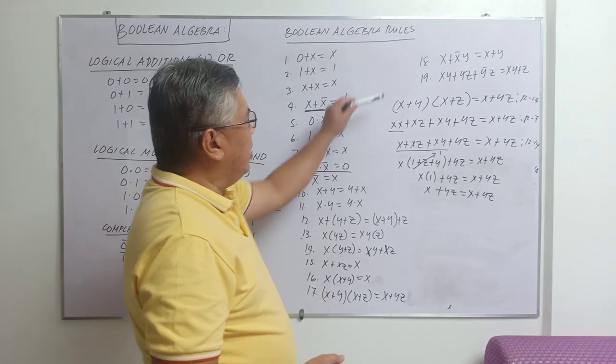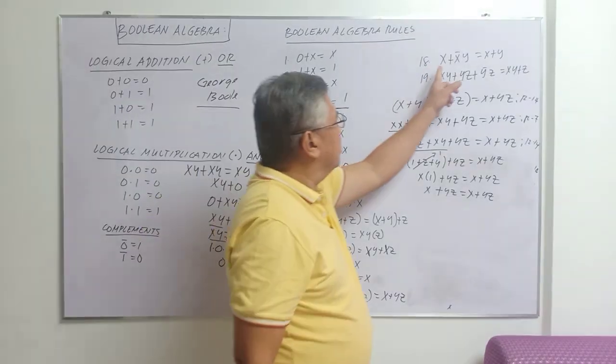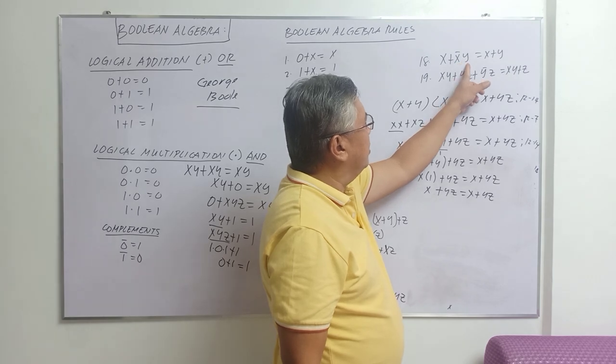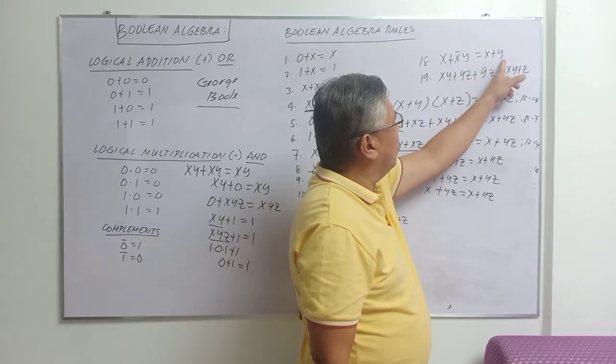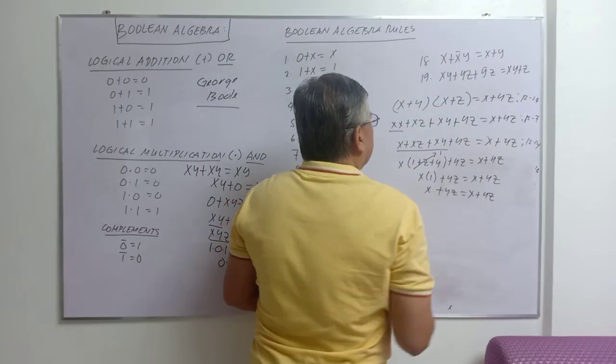Okay? Then rule 18. This is a very interesting rule. So x + x̄y = x + y. So how do we interpret this one?